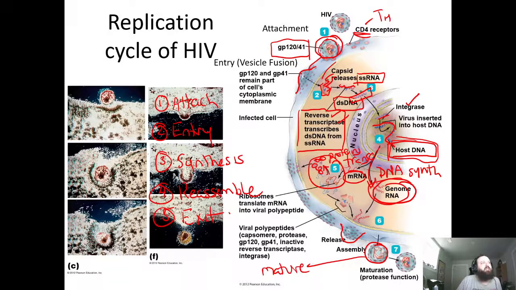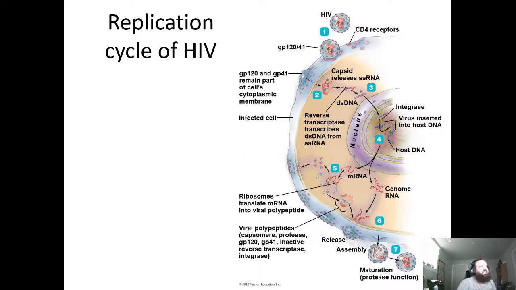And what I mean by mature is that the protease enzyme is going to cleave the proteins that were synthesized in the cell into their functional components, and the virus will actually finish making itself when it's outside of the host cell. So those are the different stages of the viral replicative process. Here you can see the review of the whole process in general, but again, we have our HIV virus.